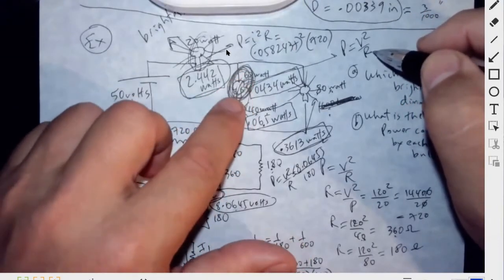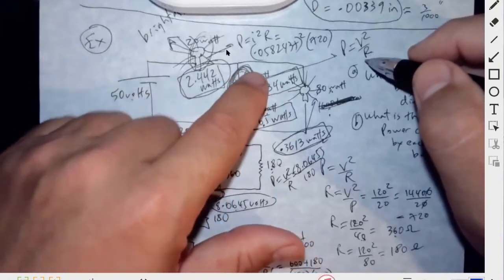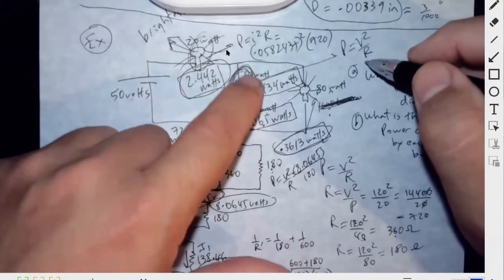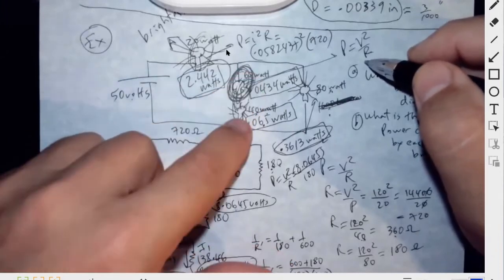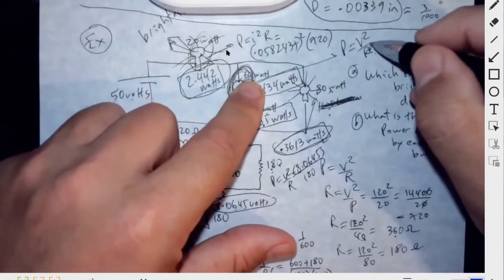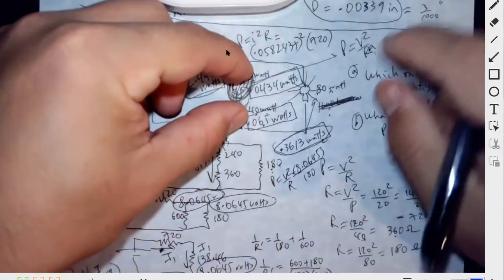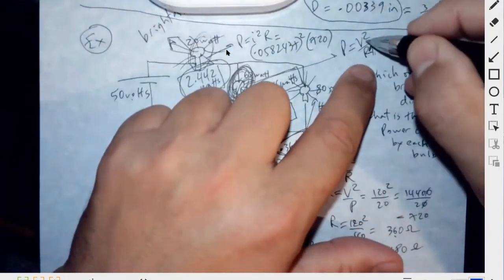But these already individually are high resistance, so when you combine their resistance, that's even going to get larger, and they together share the same voltage as that. So it has a big resistance, but the same voltage.